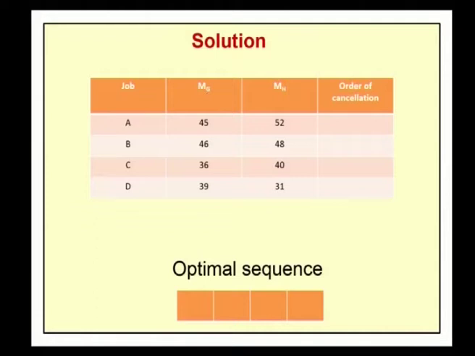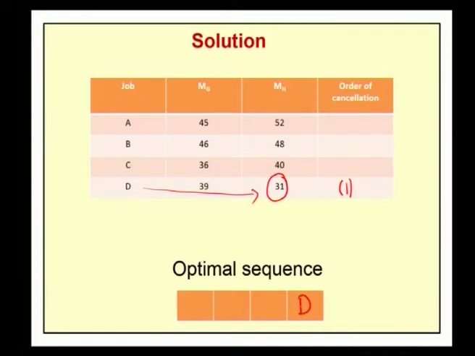For the new machine G, the processing time is listed, and for the new machine H, the processing time is listed. In order to find the optimal sequence, among all processing times, first we go for the minimal processing time. Out of all processing times, the minimal processing time is 31, which corresponds to job D under the machine H. Therefore, first we have to select the job D. Since the processing time comes under the second machine, the job D should be done last.